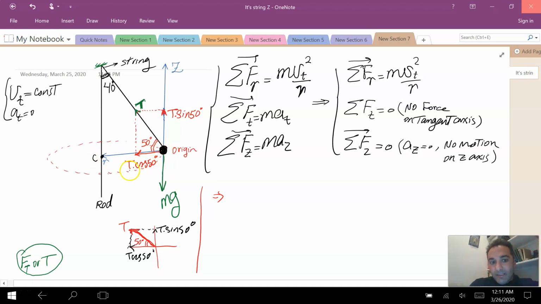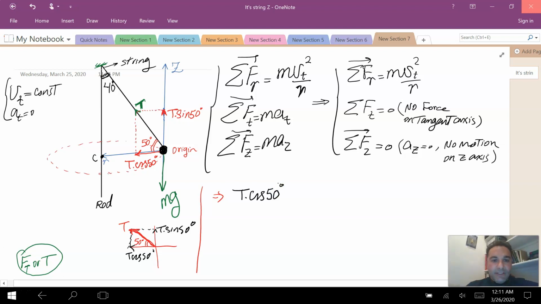Only one. It's T cosine of 50. Don't say centripetal force is on the r-axis. No, centripetal force is T cosine of 50. So how many forces do you see on the radial axis? It's just one. It's T cosine of what? 50. That's all.